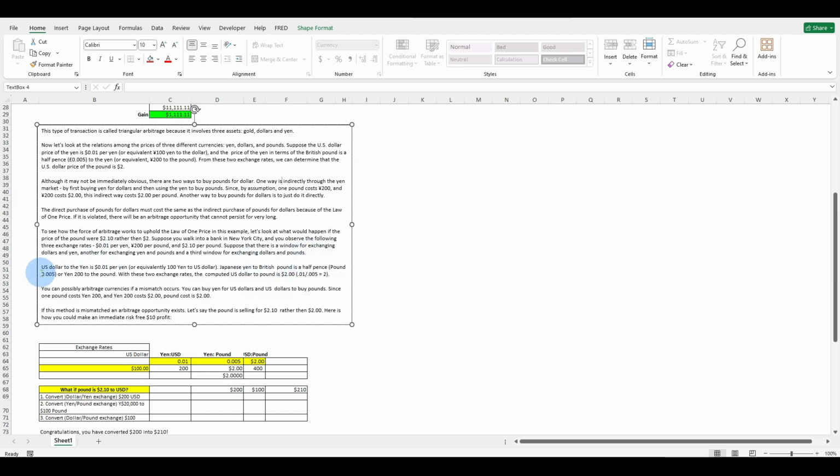US dollar to the yen is 0.01 per yen, or equivalently 100 yen to the US dollar. Japanese yen to British pound is half a pence, 0.005, or 200 yen to the pound. With these two exchange rates, the computed US dollar to pound is $2: 0.01 divided by 0.005 is equal to 2.